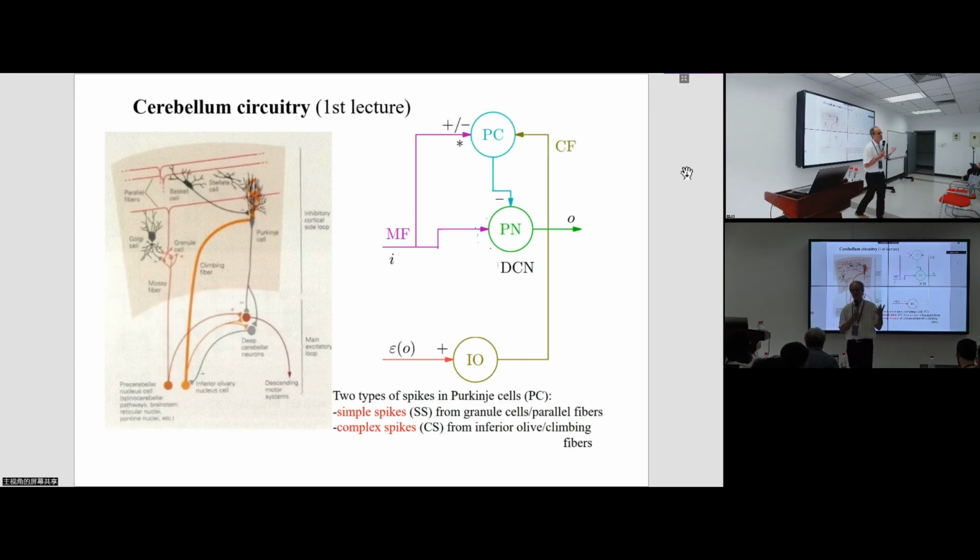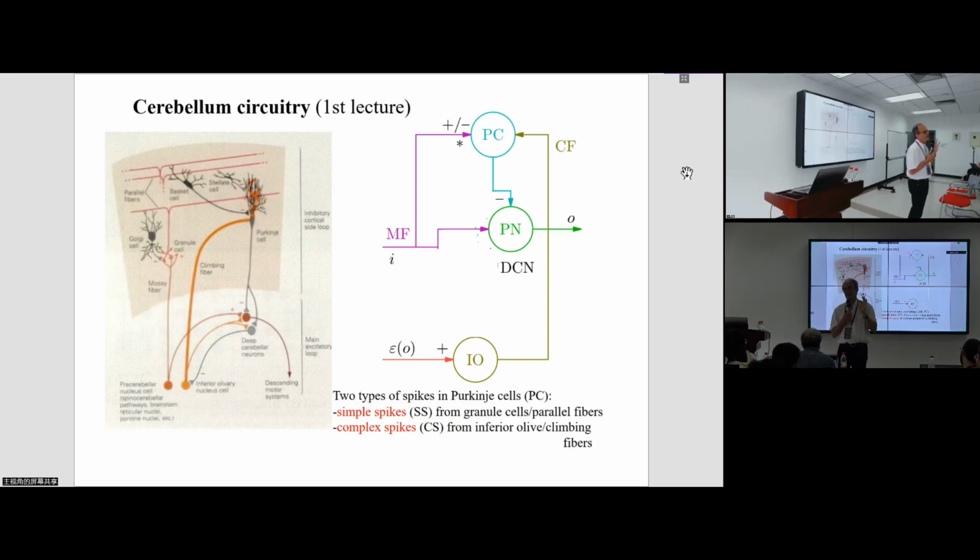So think of a classical task like, say, VOR. The image would slip on the retina, and that would be the error signal. If you think of the other types that I described, that is eyelid conditioning, where you remember you have a light, a conditioned stimulus, that predicts a puff of air on the eye.